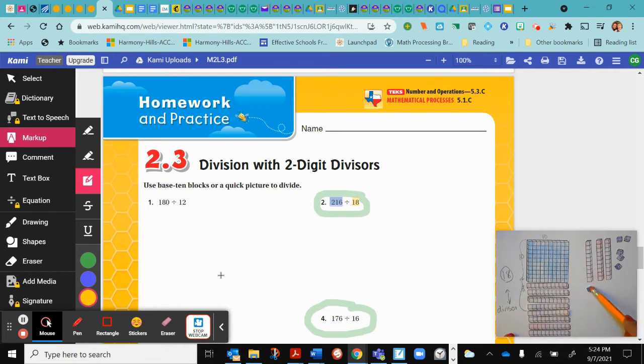So I have 1, 2, 3, 4. I won't have enough. That's 5 and 6. That's not enough, is it? Let me see if I can flip that back over. It flipped on me. That's only 6, but I need to have 18 in each group.